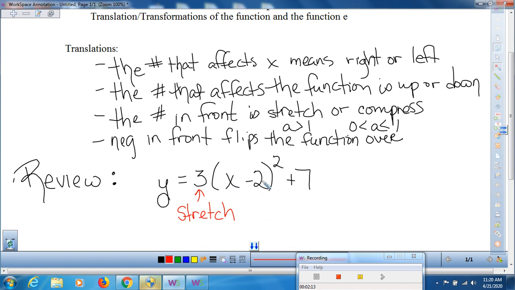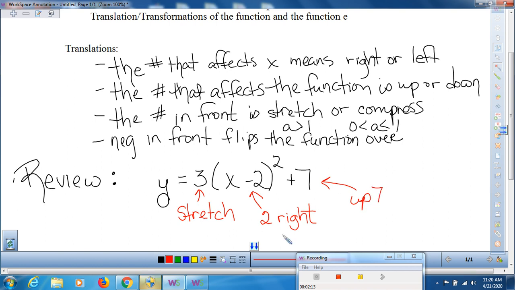The x minus 2, we talked about how whatever's in with x, you set equal to 0 and then solve. So because it's x minus 2, this is 2 to the right. And of course, this plus 7 at the end, the whole function goes up 7.